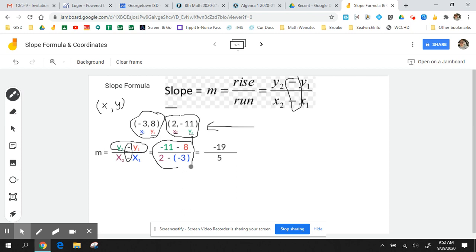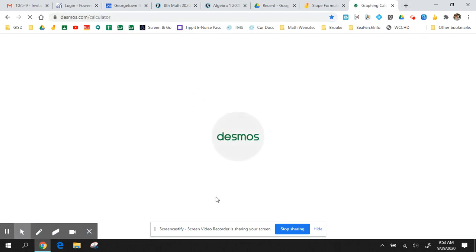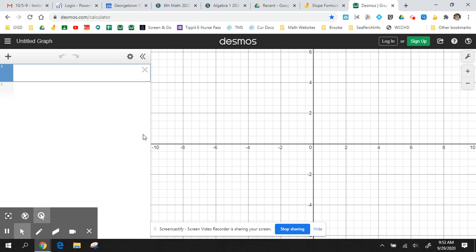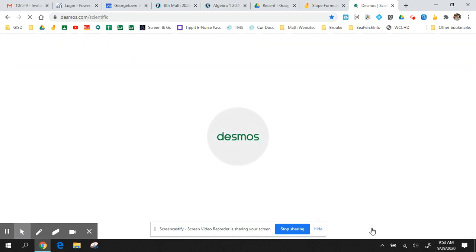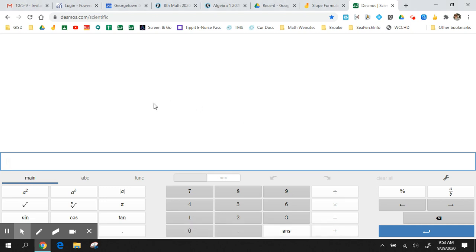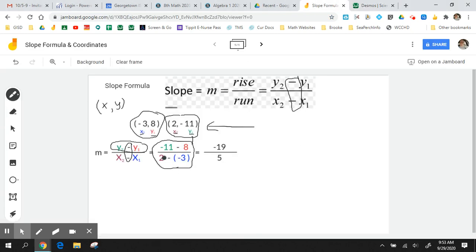It will do the whole thing for you. Remember when we did subtracting with fractions a couple of days ago? Well, it was gearing you up so you could set this in Desmos in order to solve. So let me go to Desmos. We know that if we type this in, it will give you -19/5.